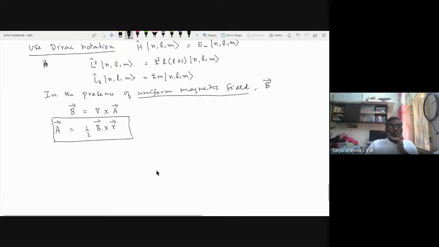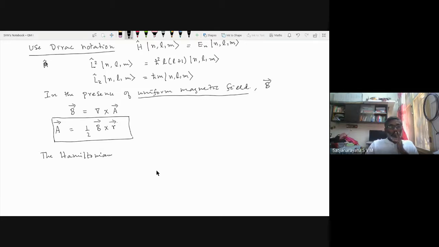And the Hamiltonian you get from your Lagrangian in classical mechanics.